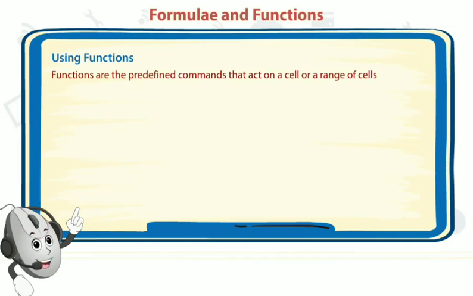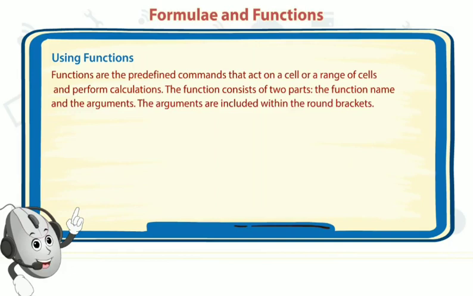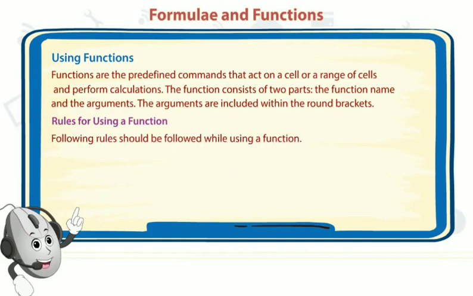Now using functions. Functions are predefined commands that act on a cell or range of cells and perform calculation. A function consists of two parts: function name and arguments. Arguments are included within round brackets. Now rules for using functions. Follow these rules while using a function.